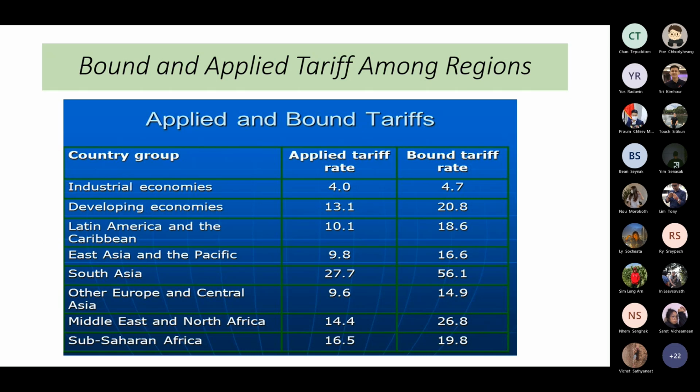India left RCEP because India did not want to provide trade concessions or trade liberalization in the RCEP agreement. India wants to remain protective in its trade regime. And in Europe and Central Asia, the bound tariff rate is more than 14%, or around 15%, while the applied tariff rate is only around 9 or 10%.